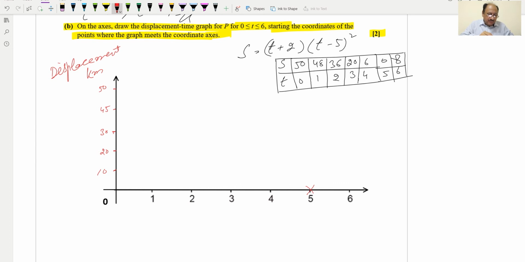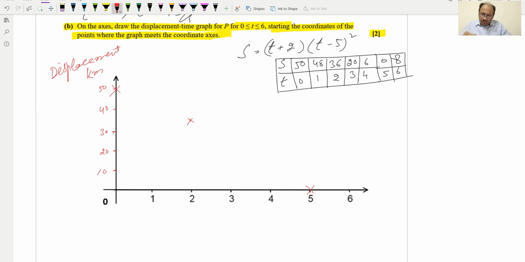Now we can take the first point with 0 and 50 and then 48, so it's coming down and touching this one. Or if we want to take accurately, we can take 1 or 2 points. So 2 is 36, and this should be 40, not 45. So 36 is roughly around here.